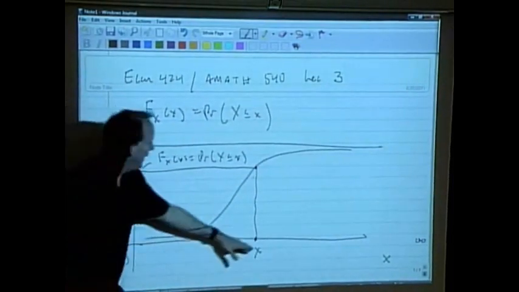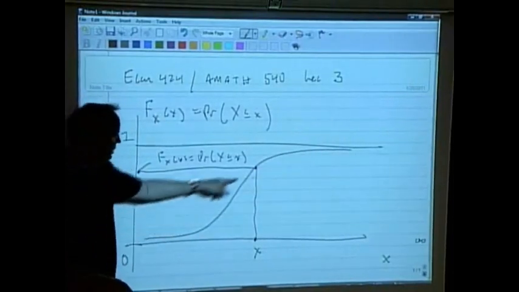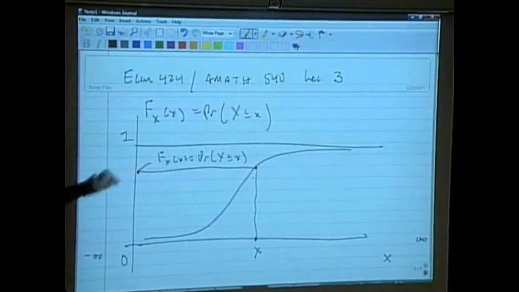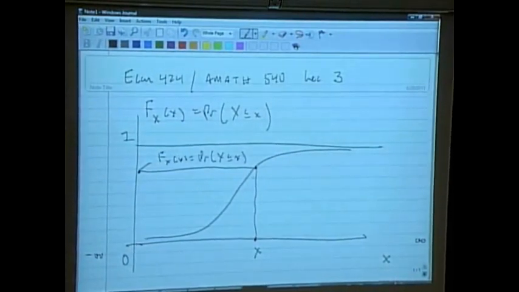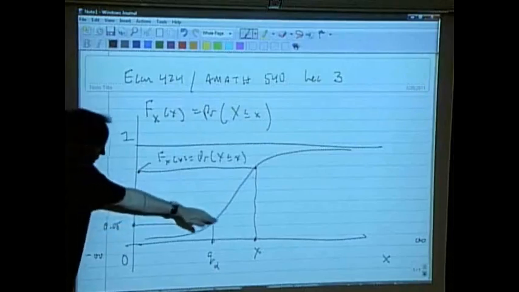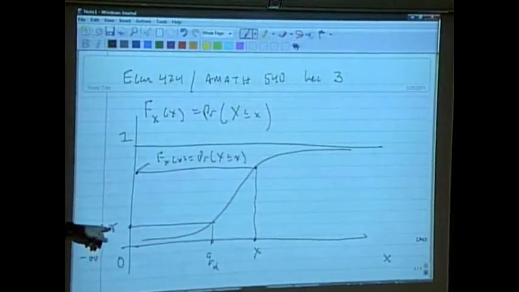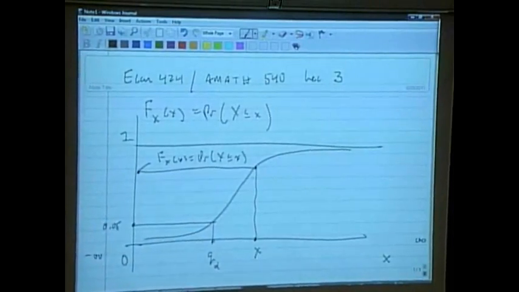And so for any value of x, we can figure out by going to the distribution function what this probability is. Now when we think of quantiles, we can think of some probability value like 0.05, and then we can say, given the distribution function and my probability value, what value of x gives me this probability? So that, again, defines what the quantile is.